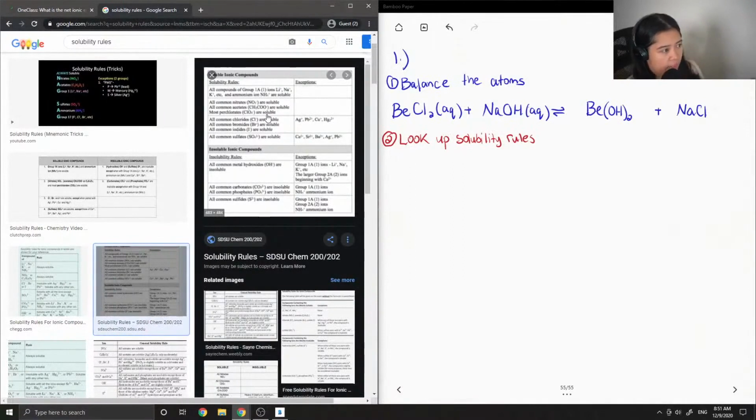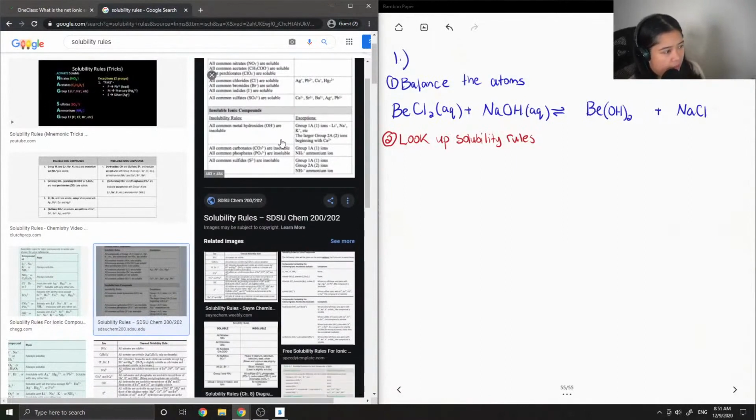All common nitrates, acetates, most perchlorates are soluble. So this is not the case for beryllium hydroxide as well. All common chlorides, bromides, and iodides are soluble. Nope. And all common sulfates are soluble. Okay, so no.